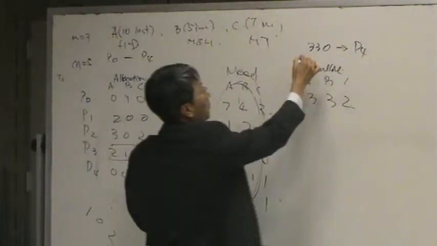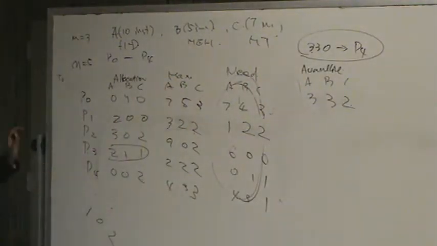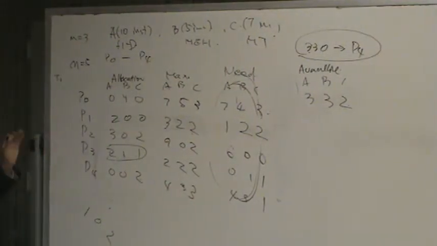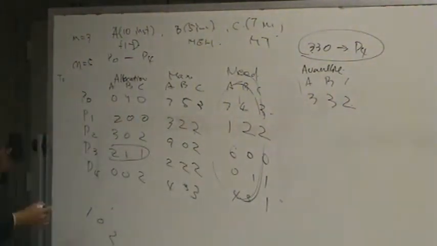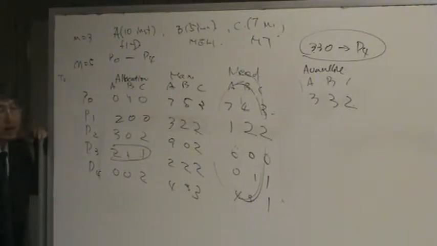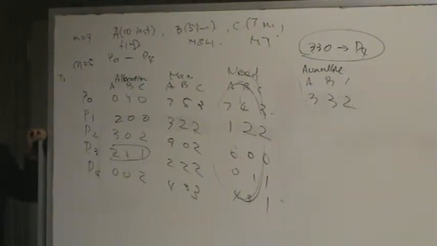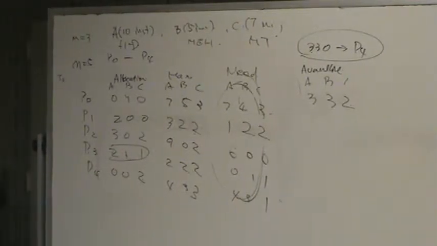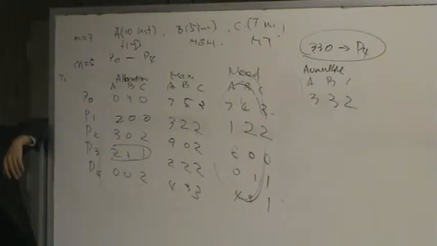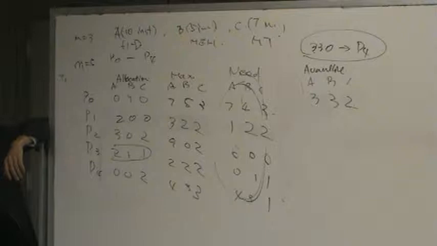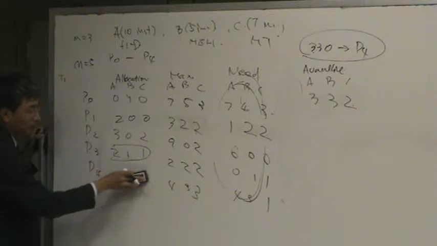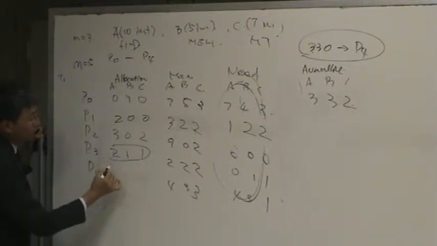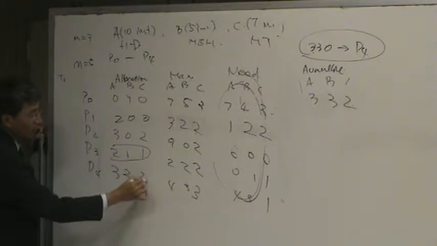Then what if P4 requests 3 more A, 3 more B? Because you have available, you may grant it to P4. Then you need to check whether this grant may cause deadlock or not. So why don't you try? Why don't you apply the Banker's algorithm? So this one will be 0, 0, 2, 3, 3, 2.